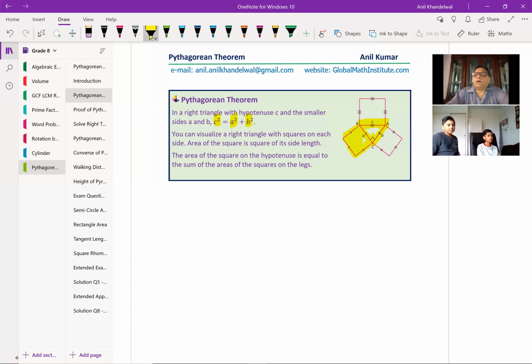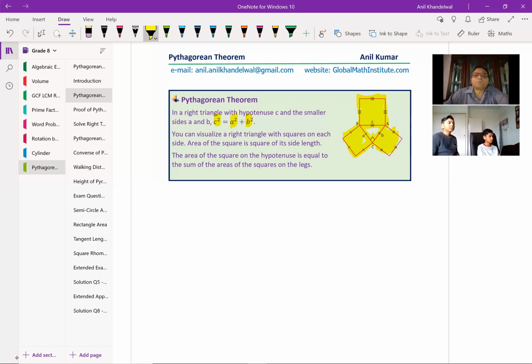The square on the b side will have area of b square, and the square on the c side has area of c square. With this formula, we are trying to say that this big square area is equal to the sum of the other two squares. Do you see that part? Correct? So that is kind of important to understand. So squares on each side of the triangle are also related, just as the sides are related.